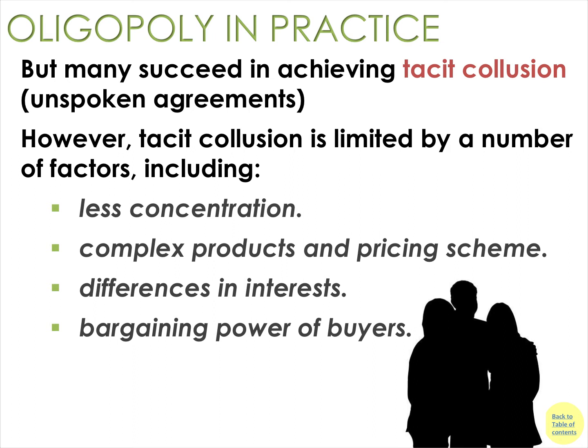So the cartel model is the most formal agreement that oligopolies can have. It is also illegal. You do see cartels operating legally internationally, like OPEC, the Organization of Petroleum Exporting Countries, which is a cartel. And although there are U.S. laws against cartels, there's no international law against it.